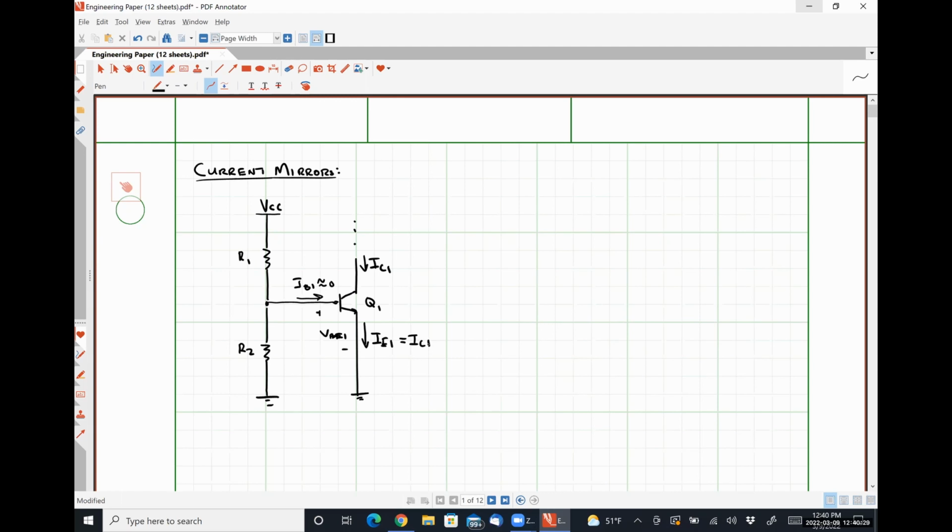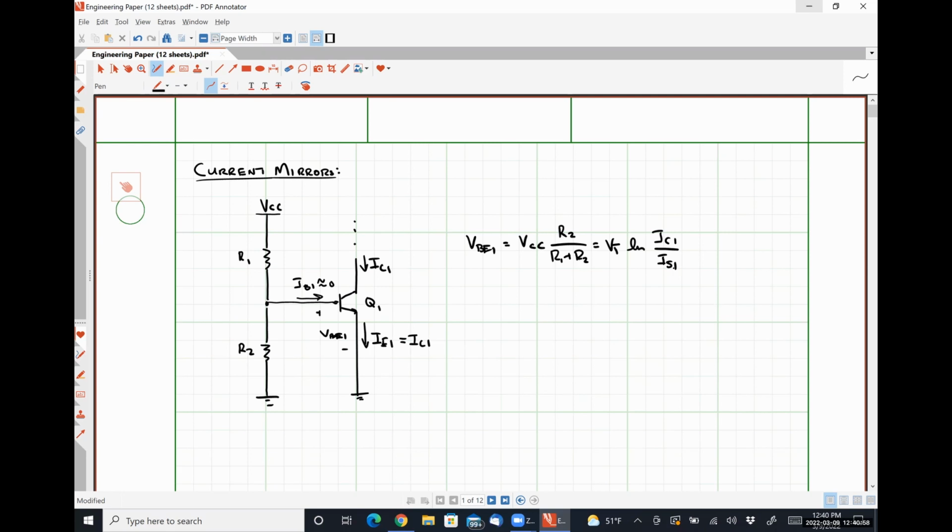And from this, our base emitter voltage, VBE1, is just VCC times R2 over R1 plus R2, and that will be equal to VT times the natural log of IC1 over IS1. Okay.